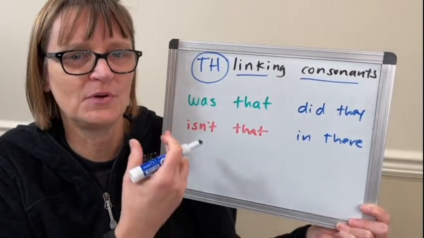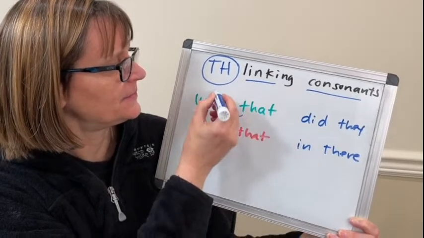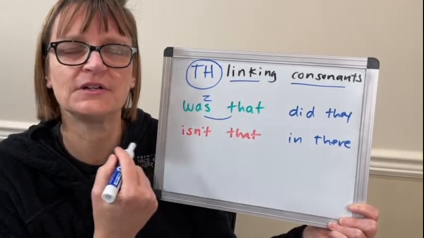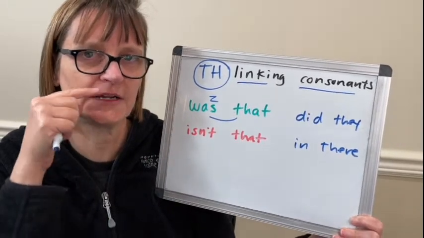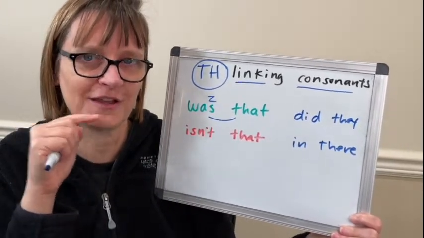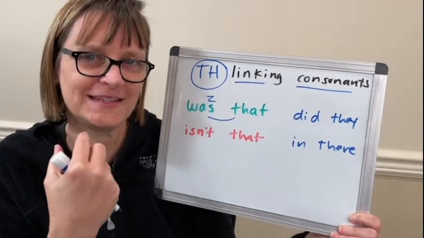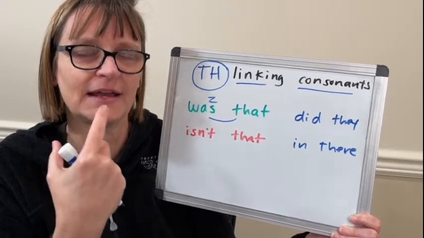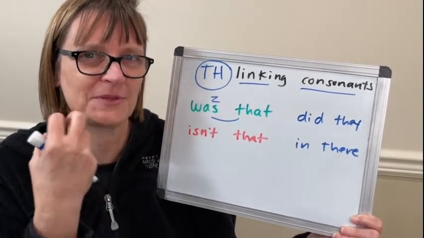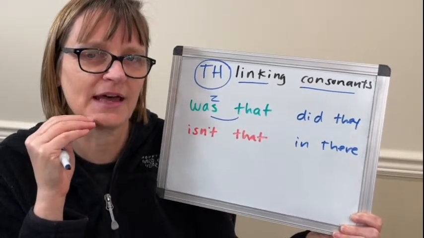So for example, when I'm doing a phrase like was that, I have the Z sound followed by the TH sound. So when I'm saying was, my tongue is back behind my teeth, the air is flowing and continuous. And then I need to move from that Z position to the TH position. Was that, was that. You will hear that sometimes it makes the air sound a little bit stopped, because it's was that.